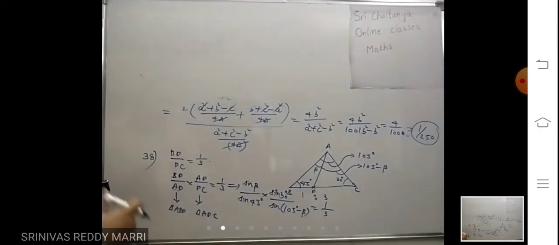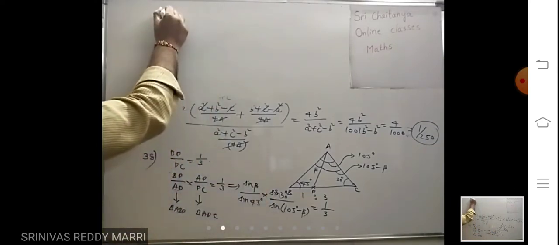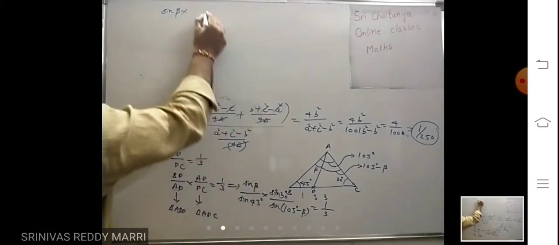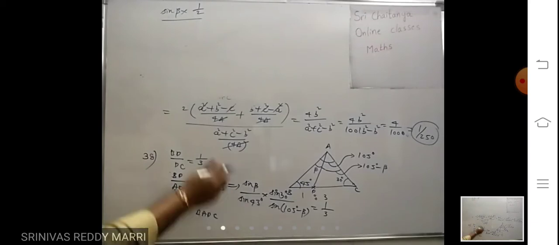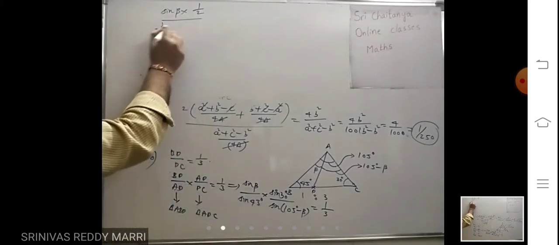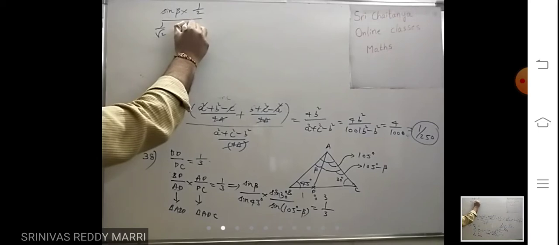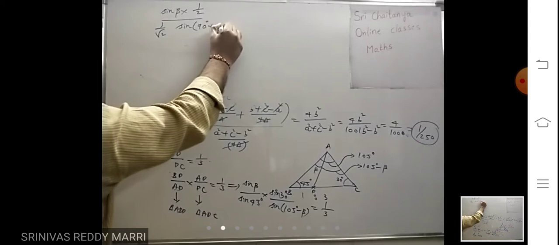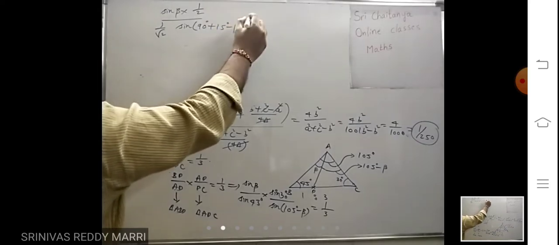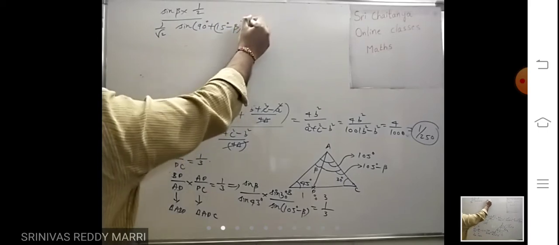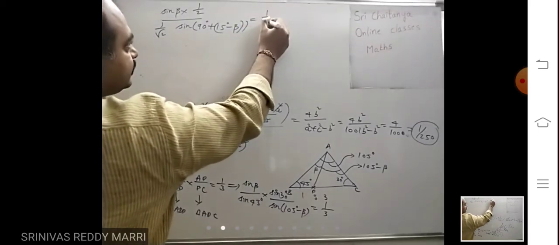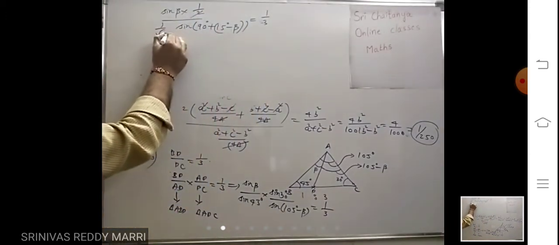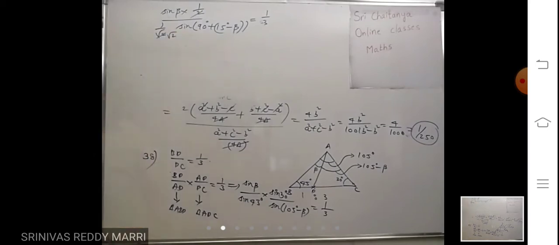Now sine beta into 1 by 2, divided by 1 by root 2. And this I am writing as 90 degrees plus 15 degrees minus beta. So 1 by 3. Now this you will get root 2.